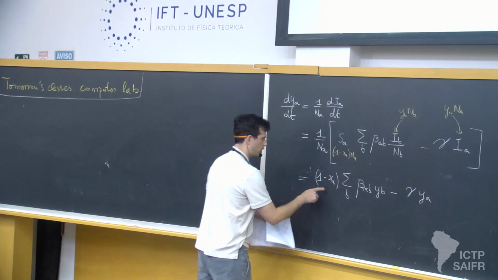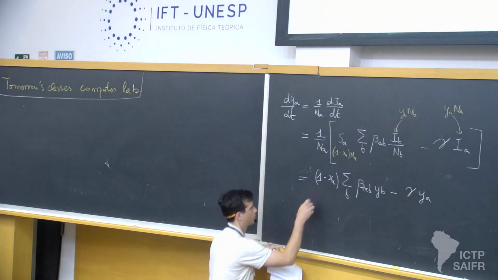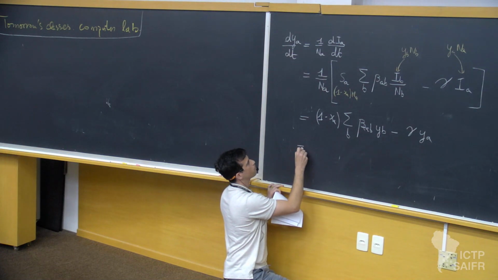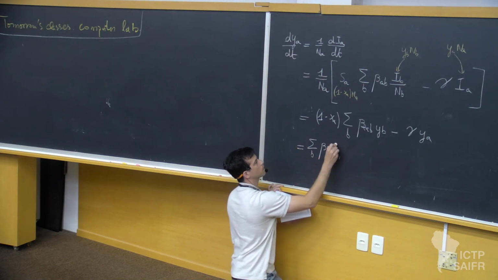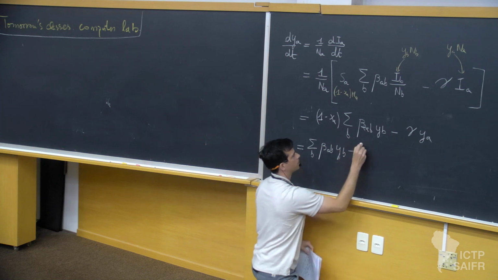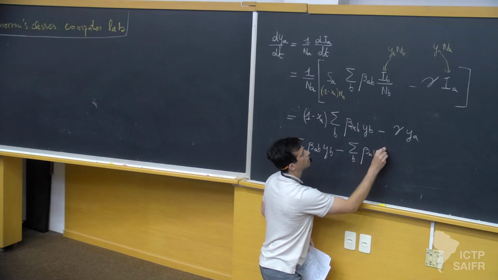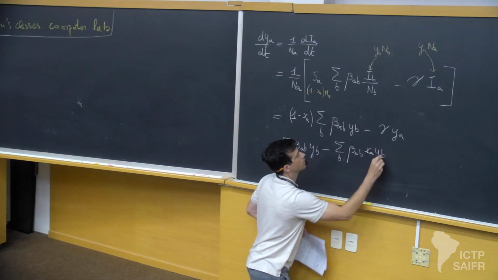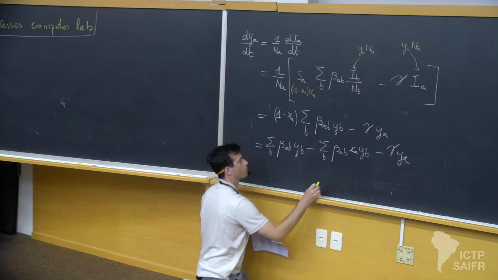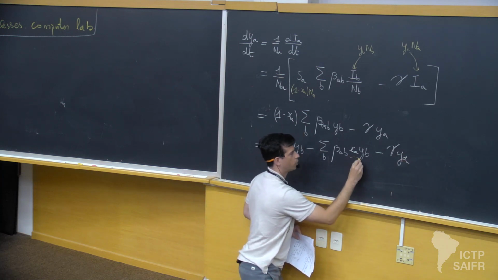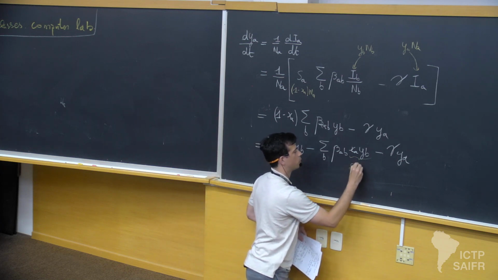Okay, now let me develop. You have a sum here, but I'm going to expand the product. So I've got sum over B of beta_AB Y_B minus sum over B of beta_AB X_A Y_B minus gamma Y_A. You see, there is a product of two functions which are very small, so this is called second order.